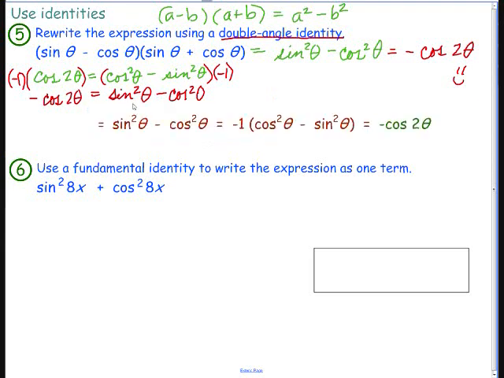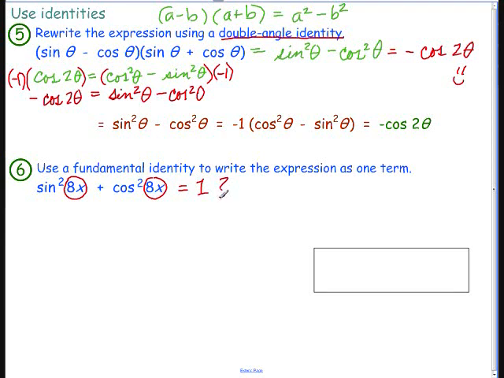I think so. Use a fundamental identity to write this expression as one term. It's currently 2 terms. Well, oh my goodness. Don't we know, I mean, forget about this for a moment. Don't we know that if we square the sine of an angle and add that to the squared cosine of an angle, that it's going to equal 1?